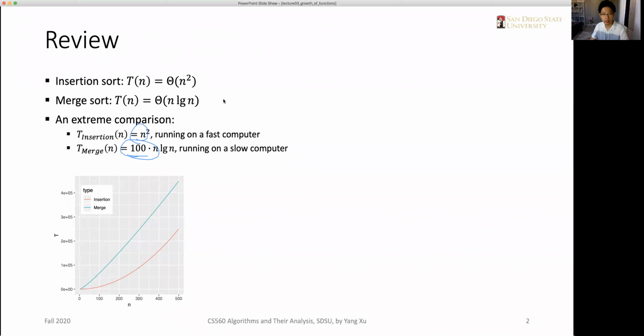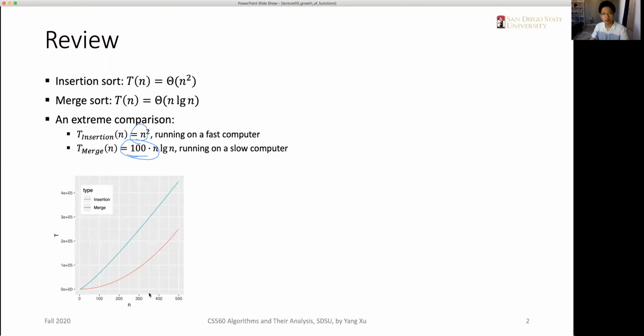All right, now let's look at different values of the input size and how they affect the performance of the two algorithms. On the curves here, the green one is the function of merge sort, which is n times logarithm of n, and the red curve is a quadratic function.